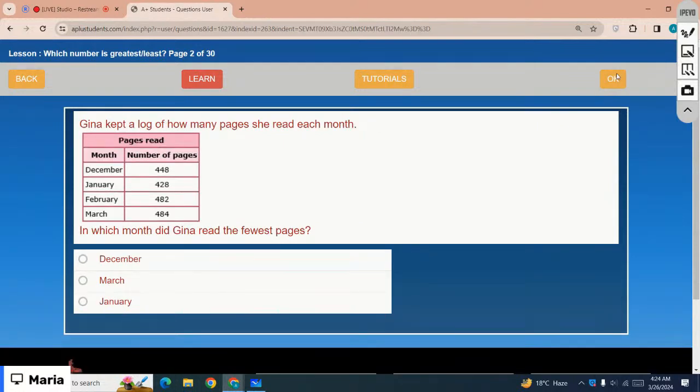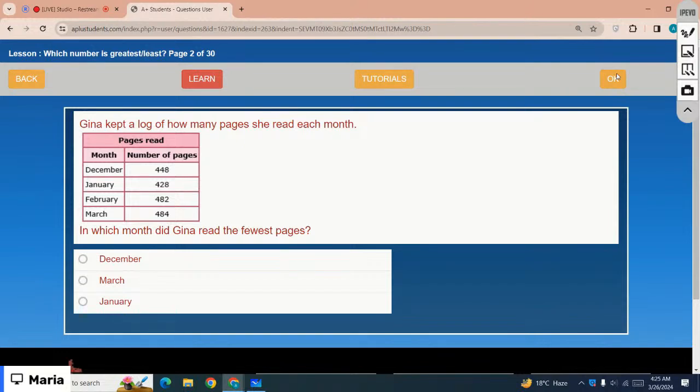Gina kept a log of how many pages she read each month. In which month did Gina read the fewest pages? So which is the correct option? Which is the smallest number? 428 is the smallest one, right?